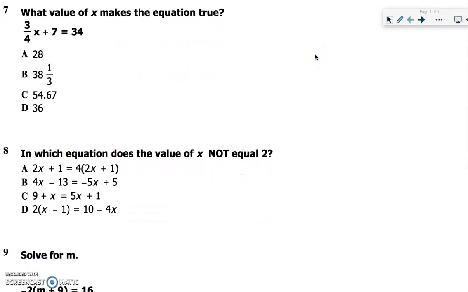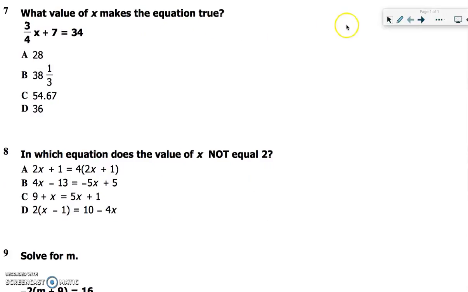Alright, number 7. What value of x makes the equation true? We have 3/4 x. Let me just rewrite it. 3/4 times x plus 7 equals 34. Okie dokie.